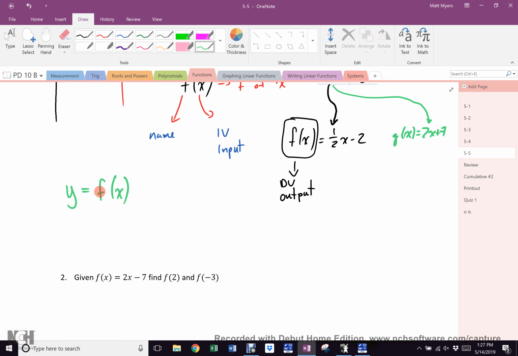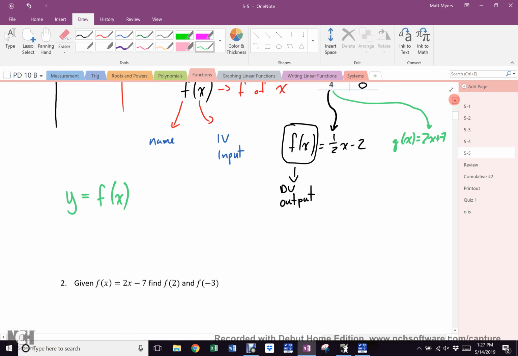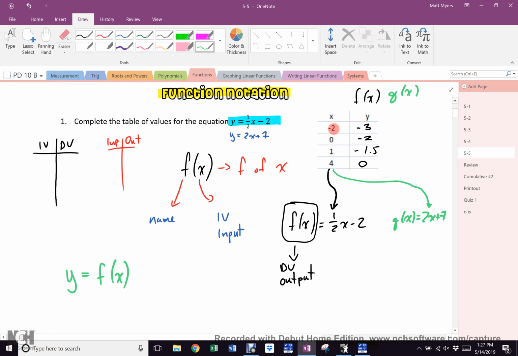Everybody understand? So 2x and f of x, 3 still on a graph is -2, -3. Is everybody good? It's a very easy switch.